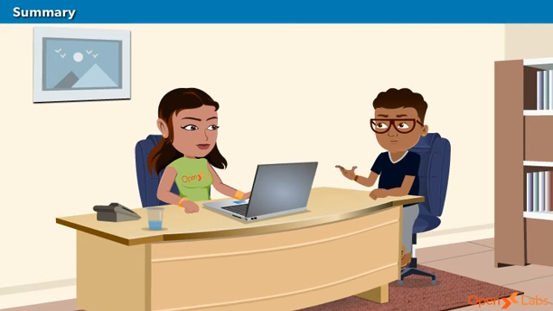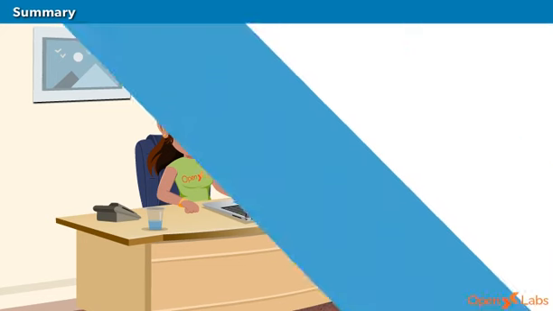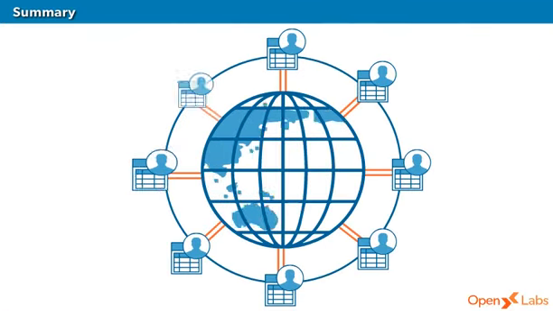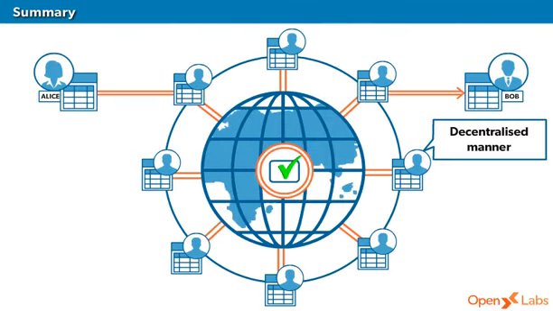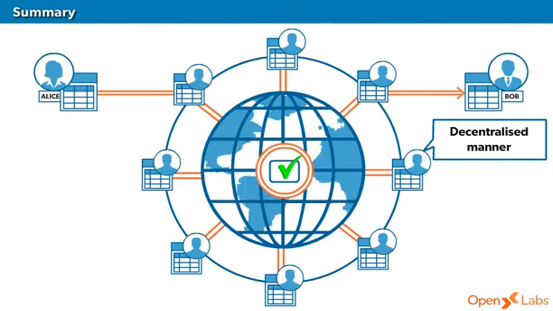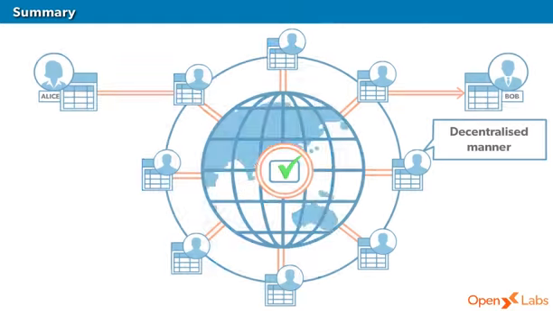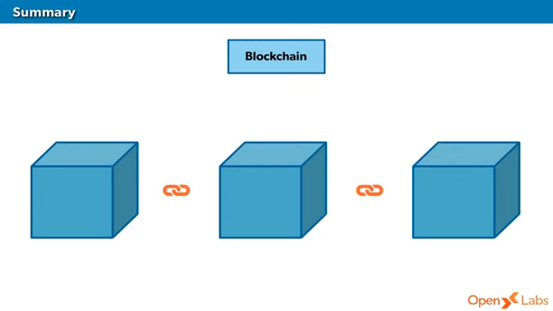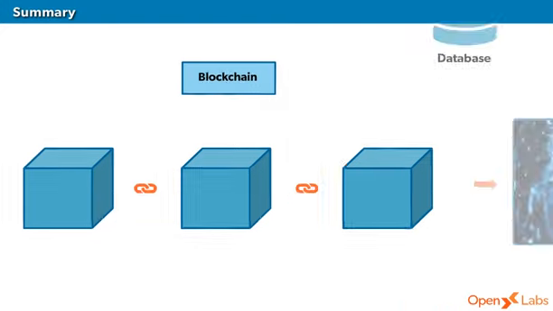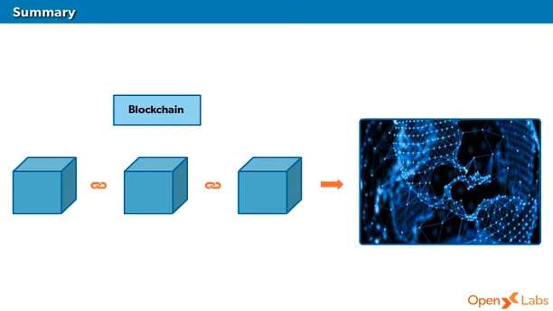Summary. Today we have learned that blockchain is a mechanism that is used to track and verify transactions that happen in a decentralized manner without a central party involved. One such use is transactions that occur in a cryptocurrency network. Blockchains are data structures just like a traditional database, but the key difference is that the blockchains are distributed across all nodes throughout the world that participate in maintaining that blockchain.